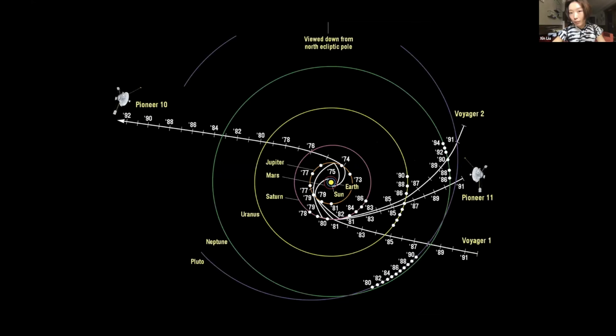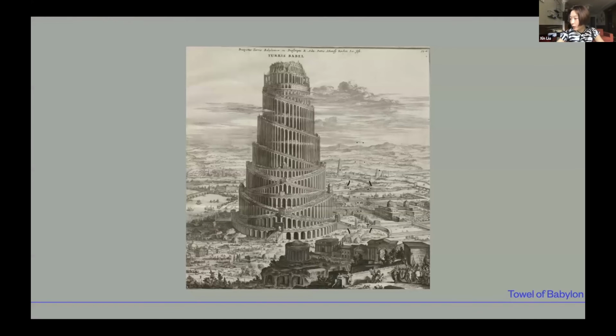So to finish up, this journey of leaving Earth is again a spiral path. In many ways, it reminds me of the Tower of Babylon. And I would like to share a short story from one of my favorite writers, Ted Chiang. He wrote this short story about the Tower of Babylon, in which the character Hillalum is a miner from Earth.